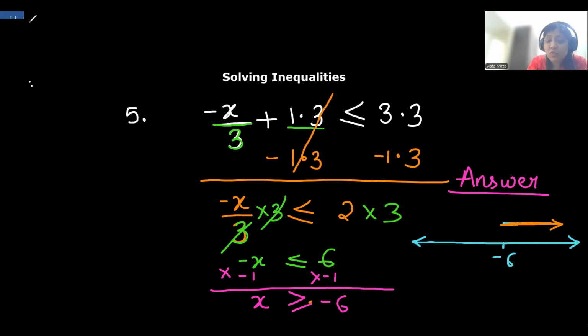And since x is also equal to negative 6, I have to use a dark circle. So since minus 6 is included in the answer, I will use a square bracket at minus 6, and it is going up to positive infinity. With infinity, you will always use a small bracket.